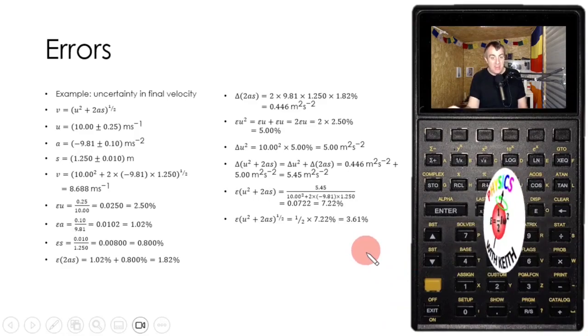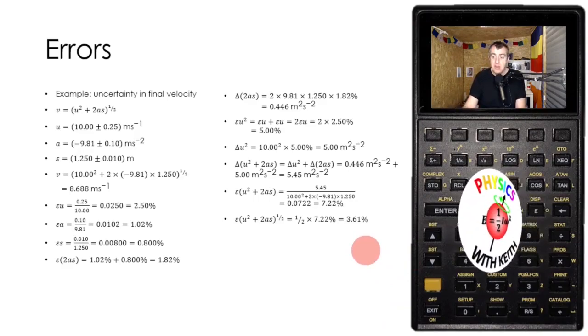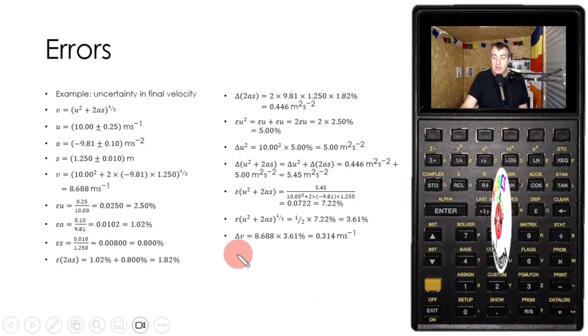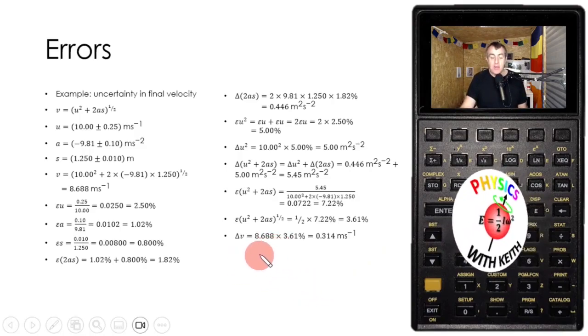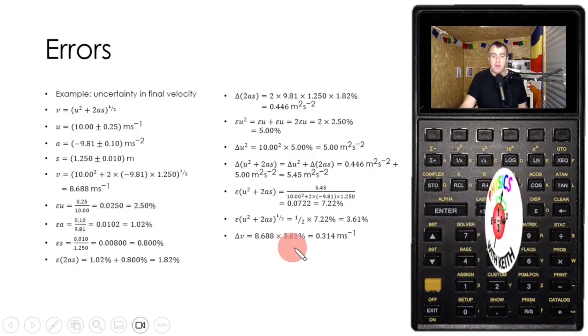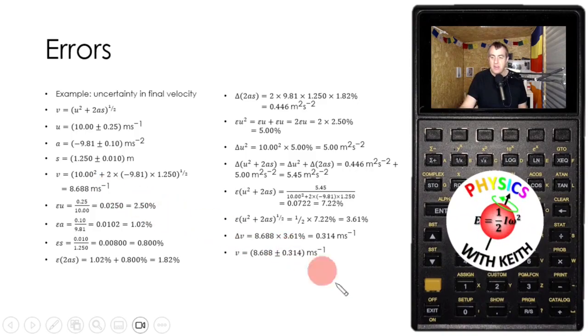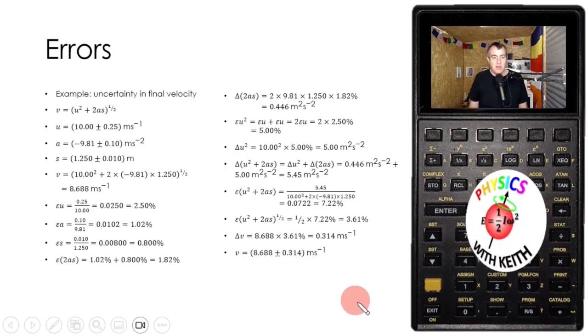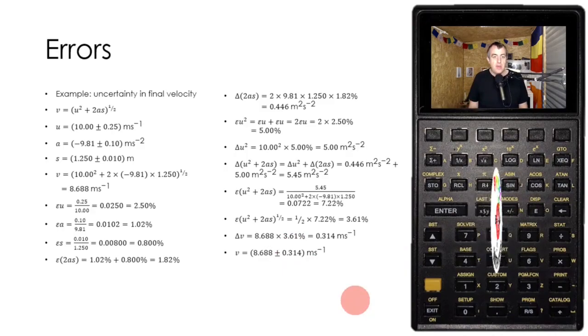Well, that's v. That's the percentage uncertainty in v. So that means that the absolute uncertainty in v is just going to be the mean value of v, which we calculated right the way back here, multiplied by that percentage uncertainty. And that gives us this value here.